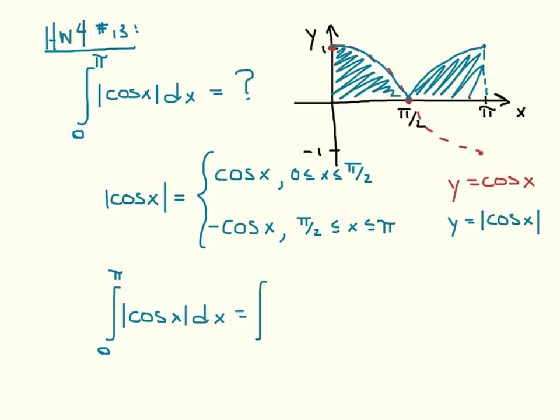So I can write it as the integral from 0 to pi over 2 of absolute value of cosine of x plus the integral from pi over 2 to pi of absolute value of cosine of x. Okay, and since going from 0 to pi over 2 and then pi over 2 to pi still gives me the entire interval from 0 to pi, we're okay so far.